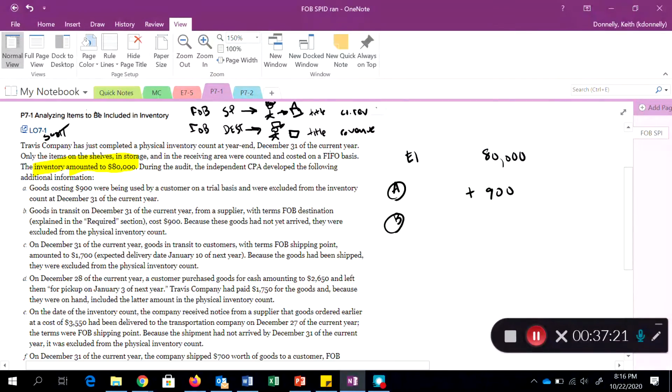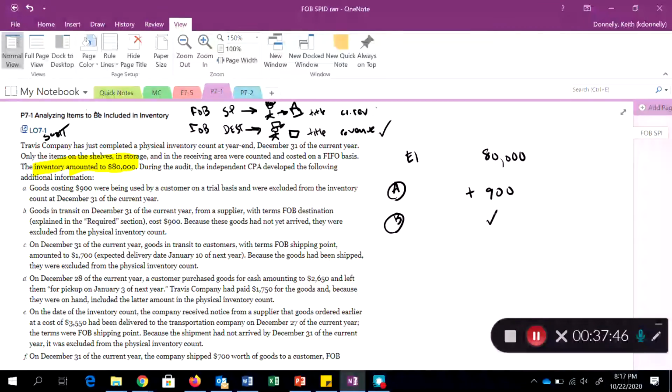So we're dealing with FOB destination. The idea here is, hey, we bought something, we're waiting for it to come. It hasn't come yet. It's not physically here. Title only changes hands, and it's only our inventory, when it gets here. It hasn't gotten here yet. They didn't count it. This is okay. So in other words, they did the right thing here.